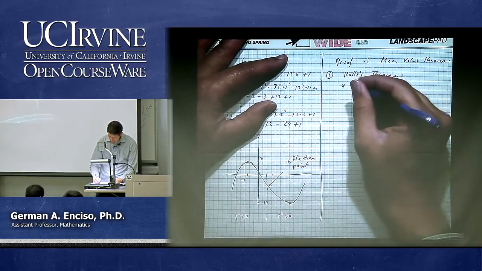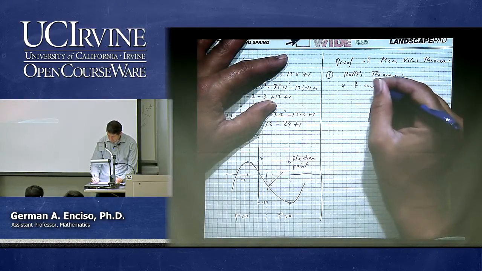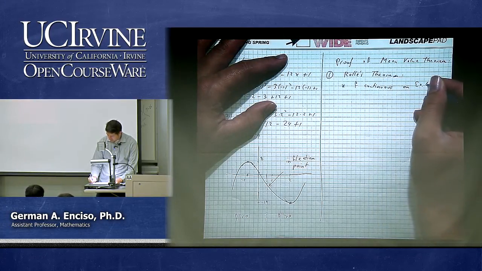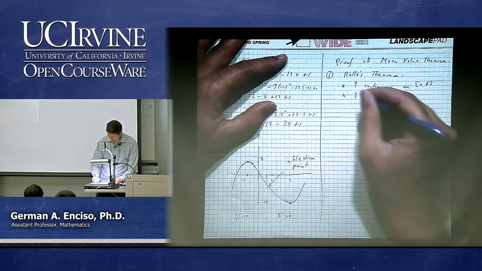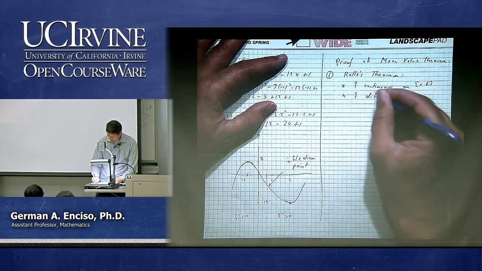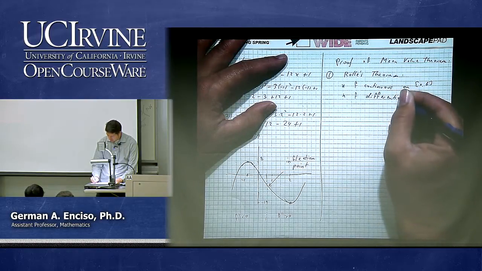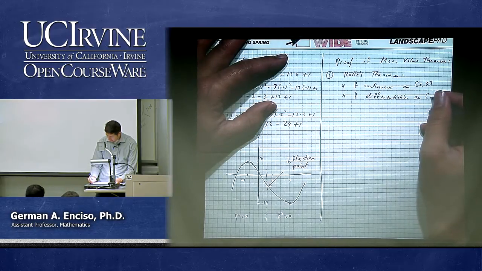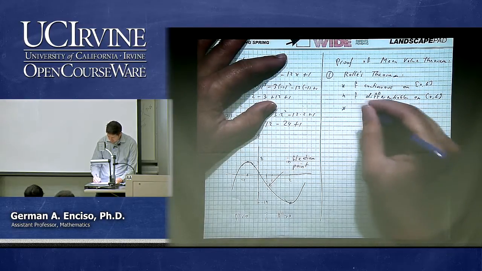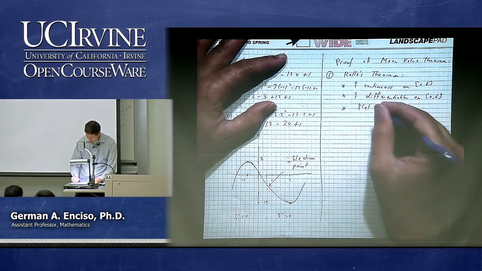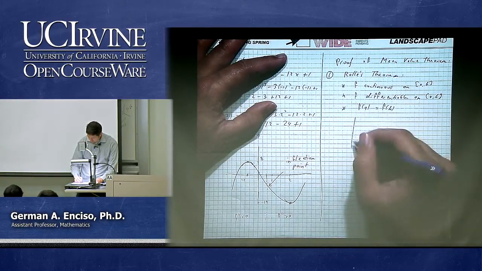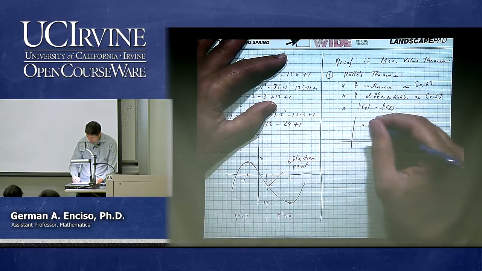Suppose that f is continuous on the interval AB and f is differentiable on AB, and suppose that f of A is equal to f of B. Okay, so we have a function that looks like this.